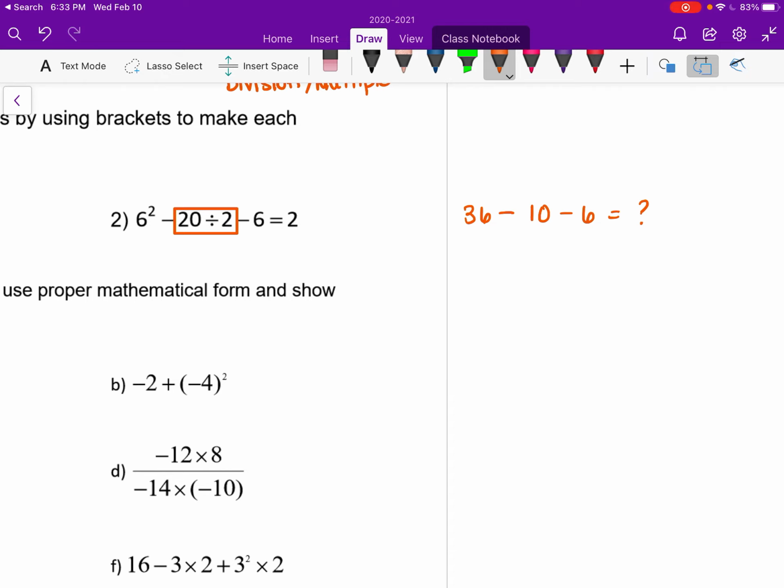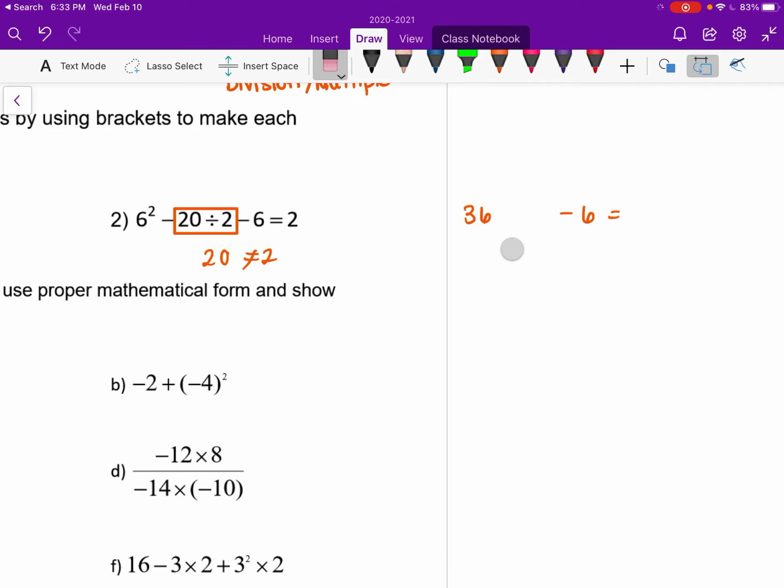It's not going to equal 2. So 36 minus 10 is 26, minus 6 is going to give me 20. 20 does not equal 2.